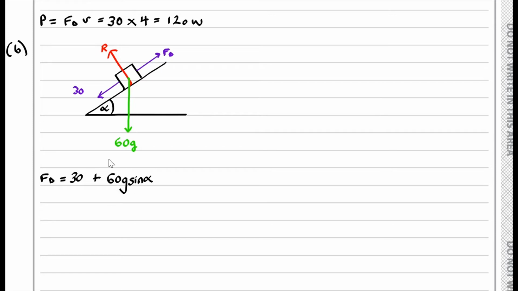Now we were told g is equal to 10, so we have 30 plus 60 times 10 times sine alpha, which is 1 over 15.